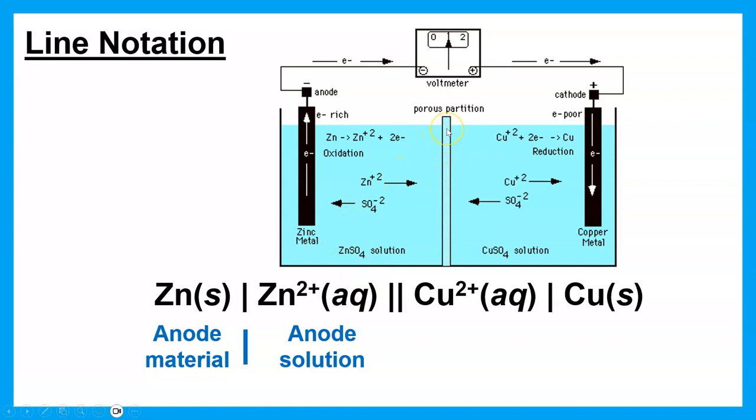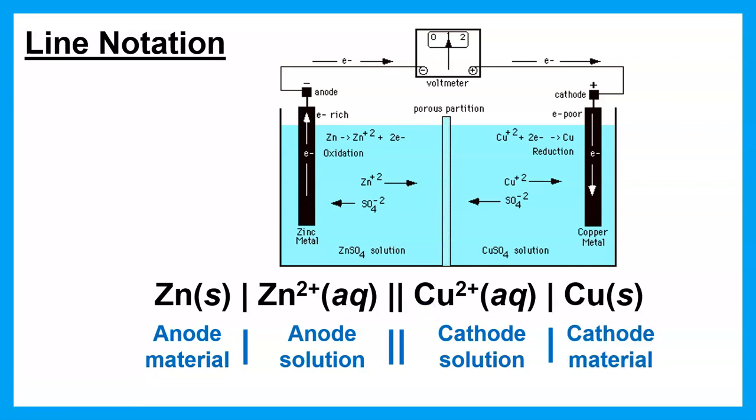This time I don't have a salt bridge, but I do have a porous partition. Over here, my copper sulfate is a source of my copper ions. And my solid copper electrode over here. So you can see people may just want to write this one line rather than draw this entire thing.